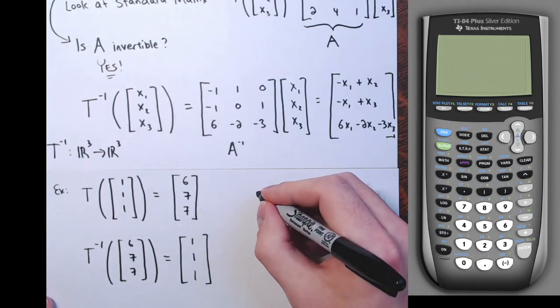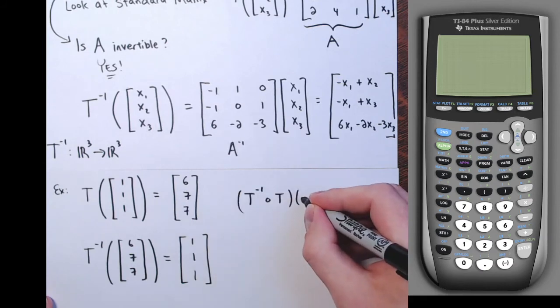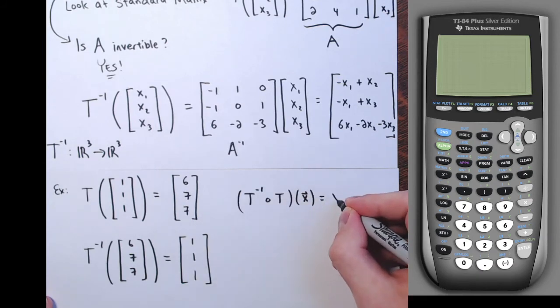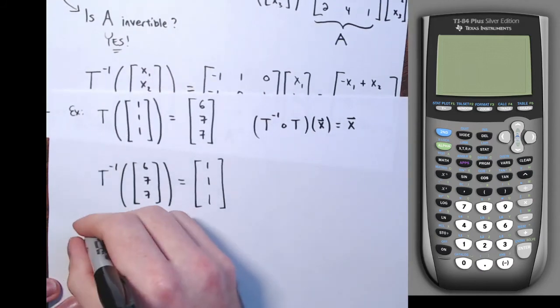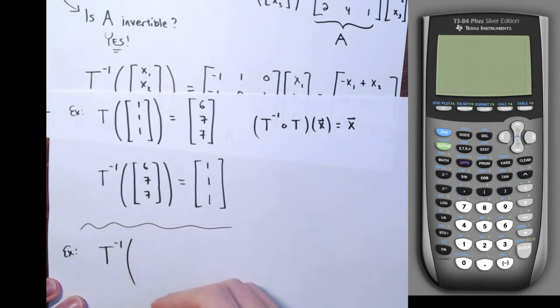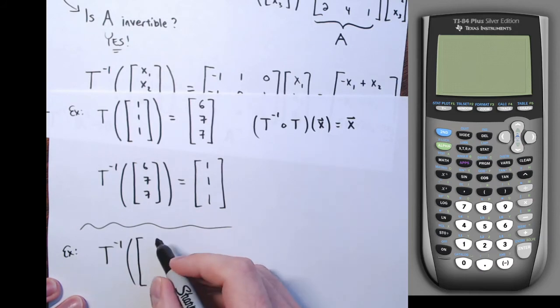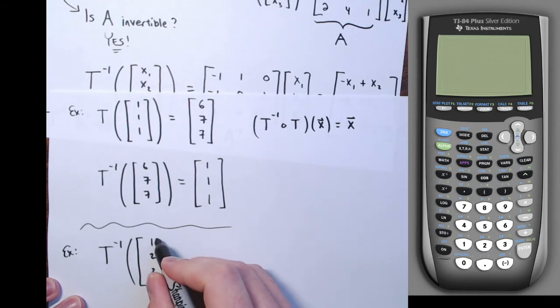It looks like T inverse composed with T of some vector is just that vector again. I know that's only one example, but that should be happening all the time. And the same goes the other way around. What if I did the other way around? Another example. This time I'll plug in the T inverse first. Maybe 1, 2, 3, something simple.